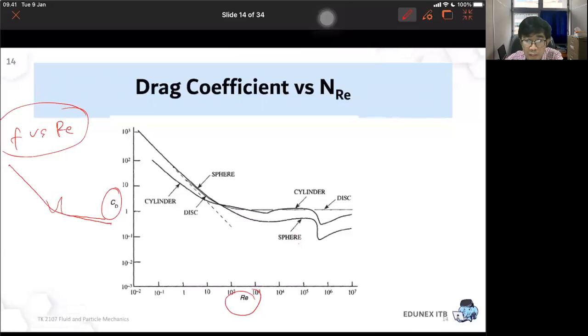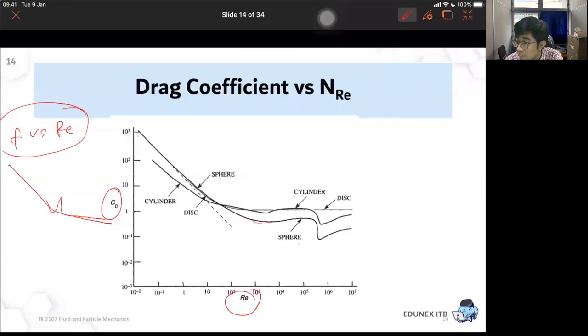For example, sphere. The sphere is this line, and it will be decreasing, right? The drag coefficient will decrease when the Reynolds number increases until a certain Reynolds number. This is the sphere one.